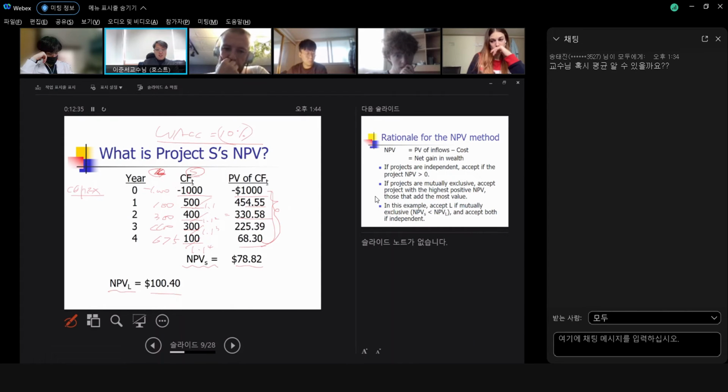As you can see, in project S we will receive more money at an earlier time, right? Whereas in project L, we will receive the money mainly at a later time, right? So the timing of receipts is different.